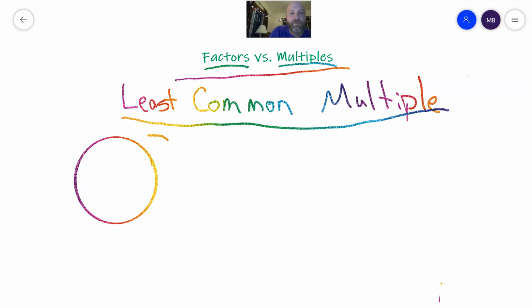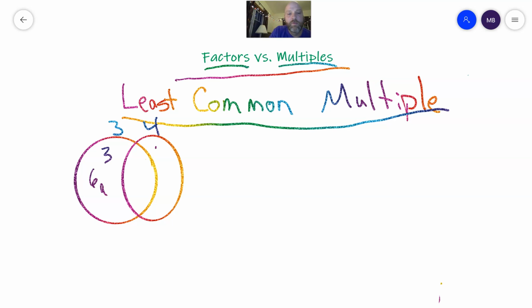One is a Venn diagram, which we used when we were finding factors as well. So if you're looking for common multiples of numbers, I'll just do 3 and 4. I think that's even in your book. So multiples of 3 are 3 and 6 and 9. And you see they're going to go on forever, right?